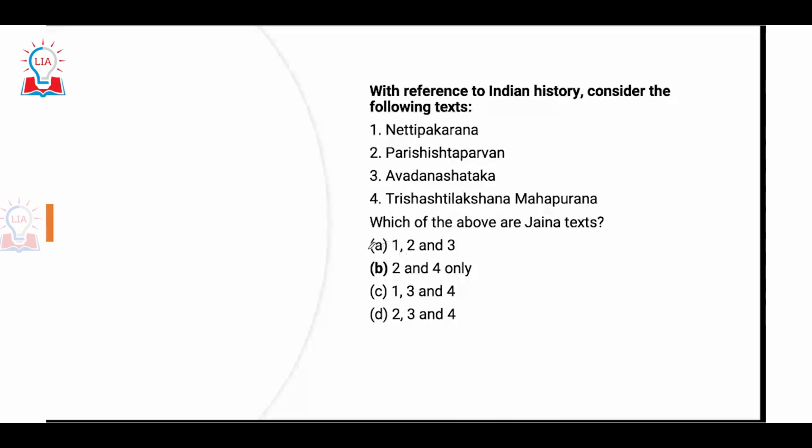You will be left with option B and option D. Now let's come to Avadhana Shataka. Avadhana Shataka is also a Buddhist text, whereas Parishishta Parvan and Trishashti Lakshana Purana are the only two Jain texts in the above options. So the correct answer would be option B.